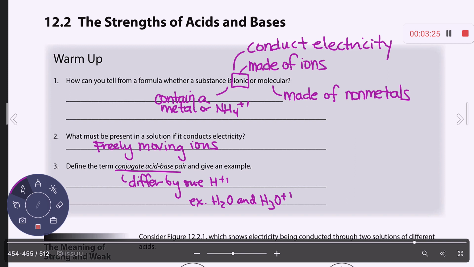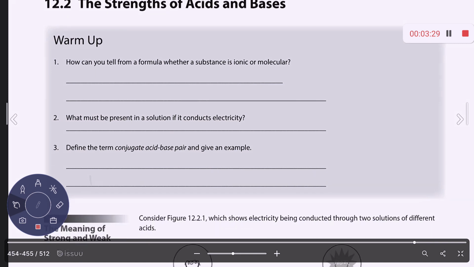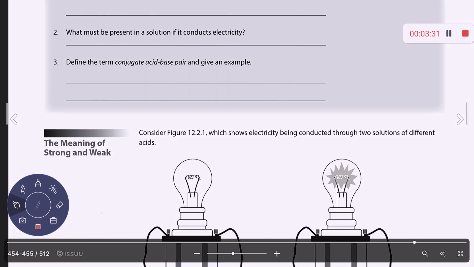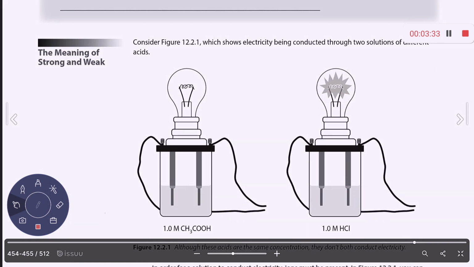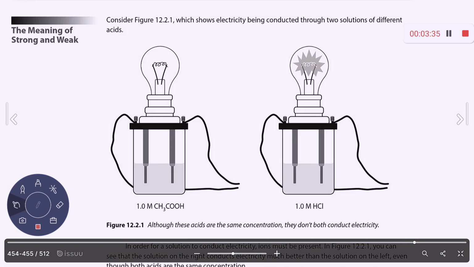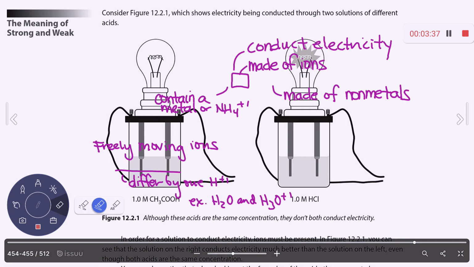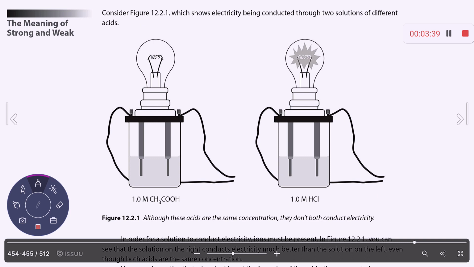Okay, let's take a look at the meaning of strong versus weak. So let's come down here. Electricity is conducted when a solution contains freely moving ions. So if you're taking a look here, I've got 1 molar acetic acid solution present. Acetic acid is a weak acid.